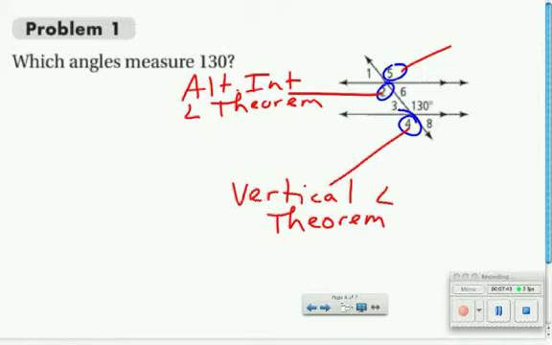Alternate exterior. They are not. I'm looking at the 5 and the 130. They are corresponding. Now, if you're looking at angle 5 and 4, you would be right. Those are alternate exterior angles. I do, however, want to be comparing it to the original angle. So this is the corresponding angles postulate.